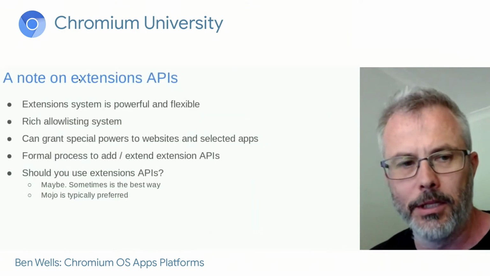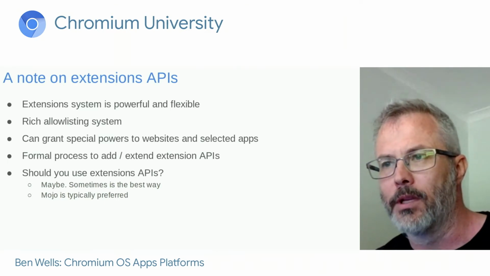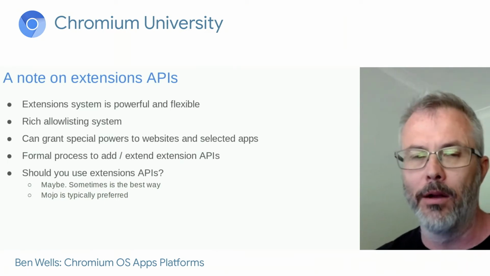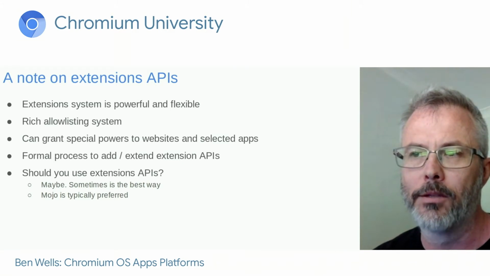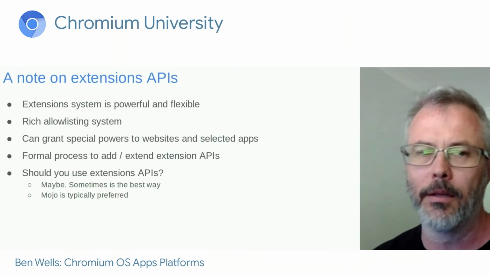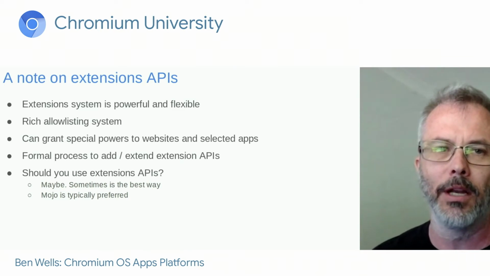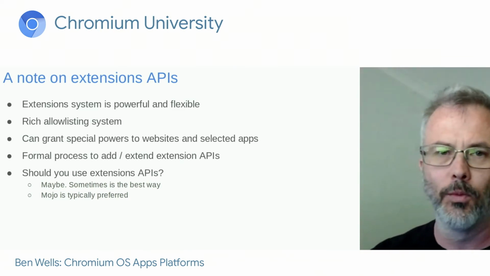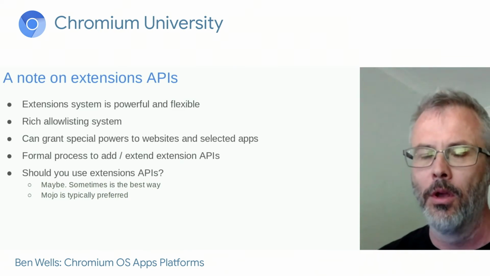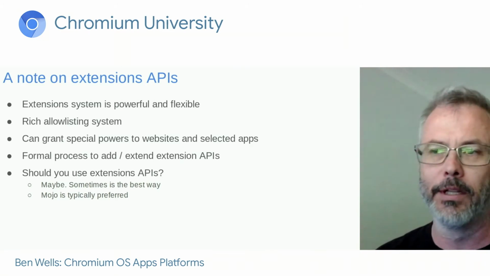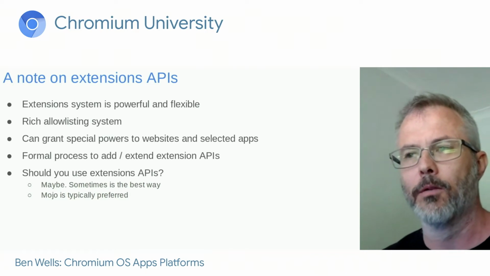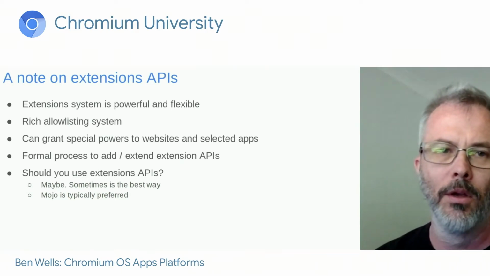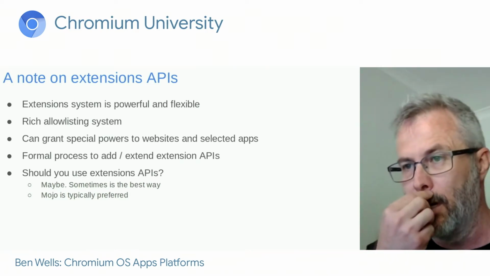Just a quick note on extension APIs. The extension system is a powerful and flexible system. It has a rich allow list capability, so you can create an API and grant it to just one app or one extension or a very well-defined set of things. And using this capability, you can actually grant special powers to websites or to specific apps.